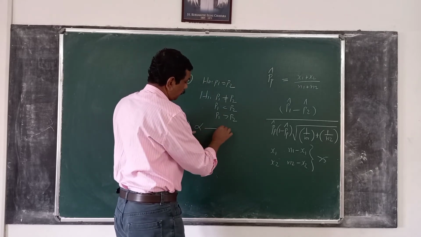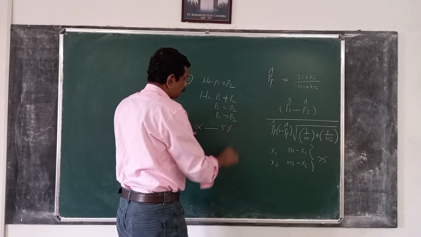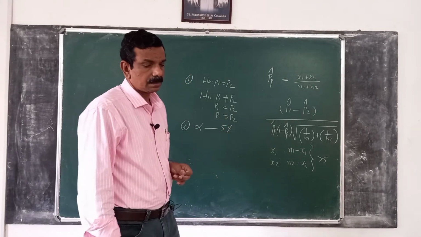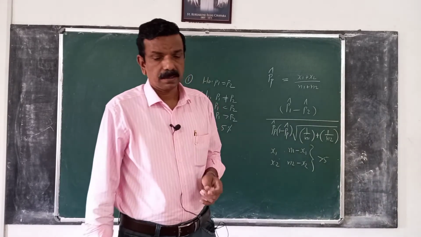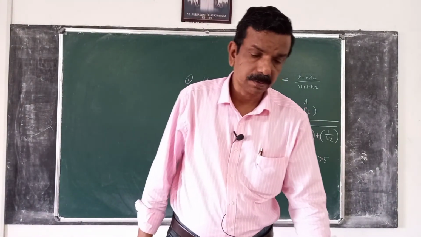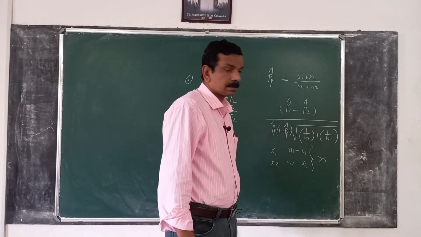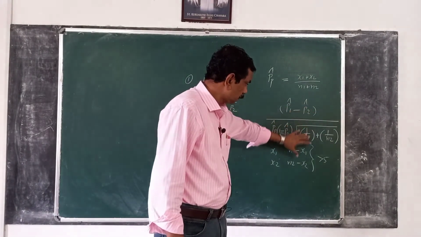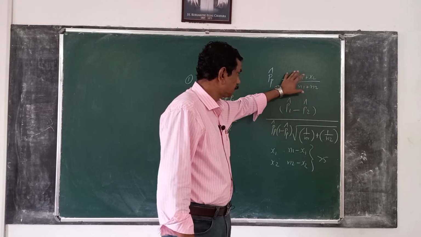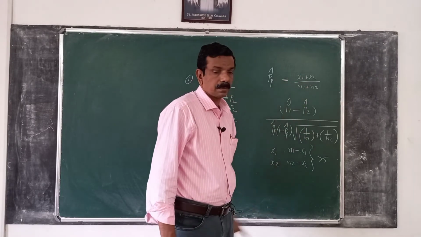The second step is to determine alpha, the significance level, at 10%, 5%, 1%, etc. The third step is to compute the value of the test statistic where p hat p is given.